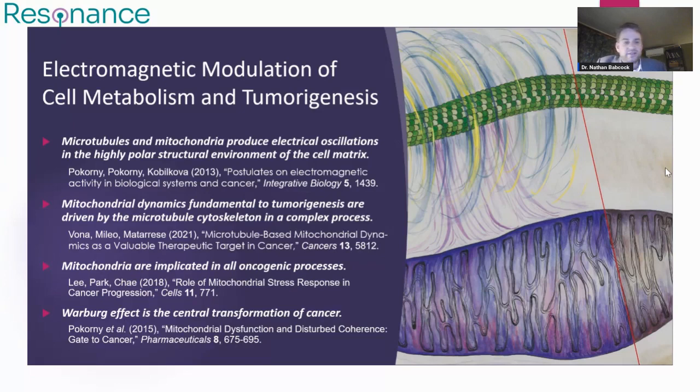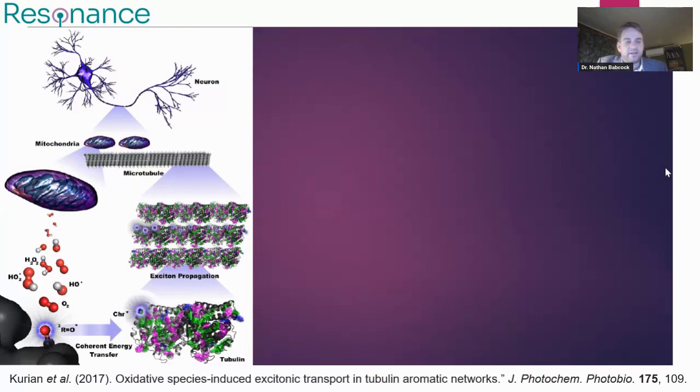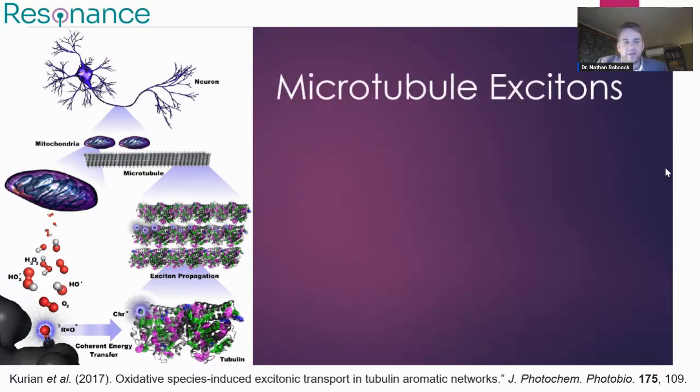So there's more I could say about the relationship between energy transduction and a disease process like cancer. But I'd like to take a moment to talk a bit about the formation of excited states in microtubules.